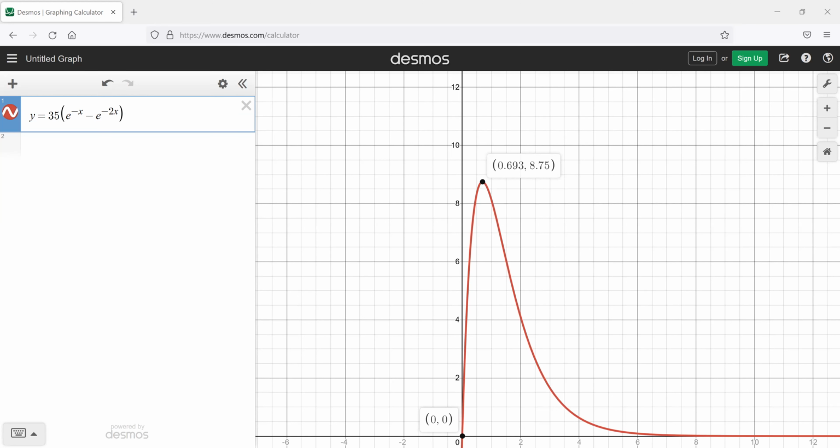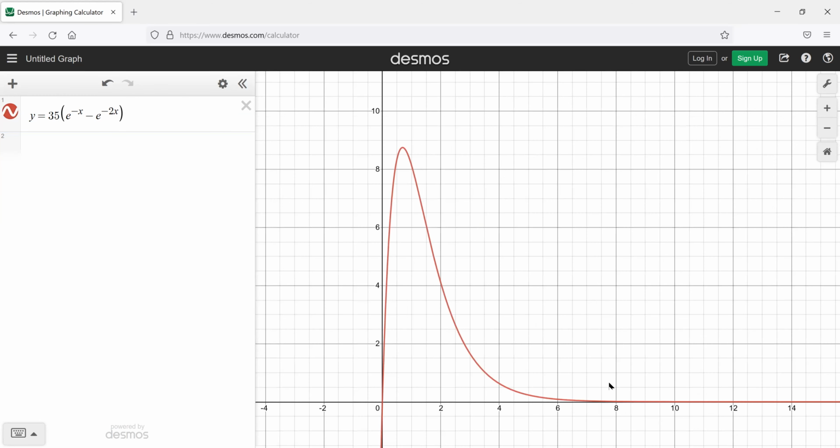To 2 decimal places it's 0.69, and then the maximum is 9 there. So the maximum occurs at what was it? 0.8 hours, 0.68? 0.69. Okay, so 0.69 hours, and then the maximum is. It says round to the nearest integer. It looks like it's 9.